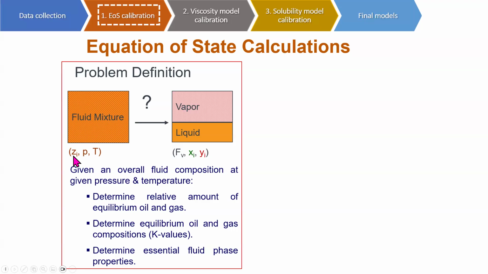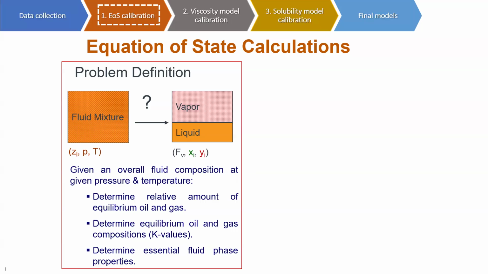Inside the global mole fraction, remember, you have part of the component in the gas phase and part in the oil phase. This is for a given pressure and temperature. If you change the pressure and temperature and you want to know how much of your mixture is in the vapor phase and how much is in the liquid phase, you need to perform a flash calculation.